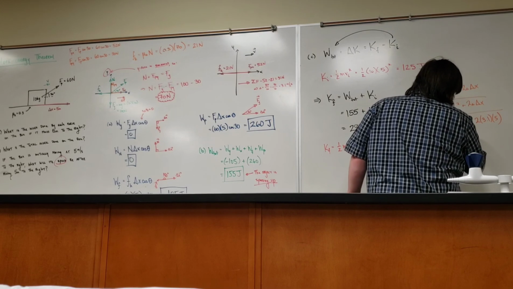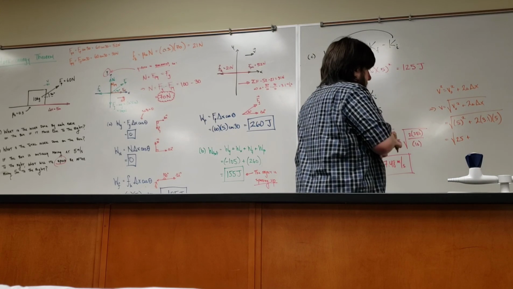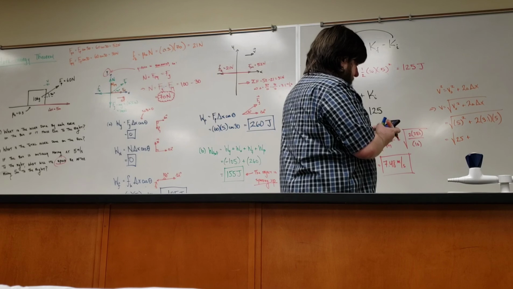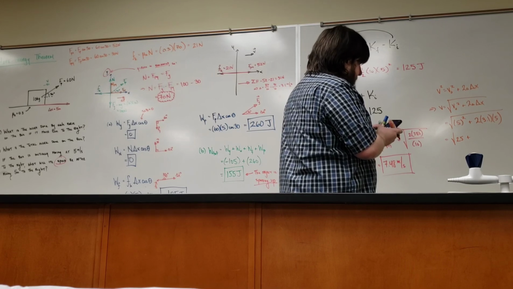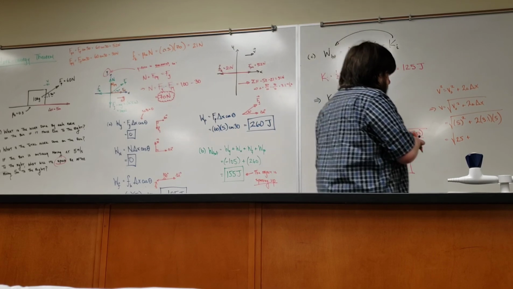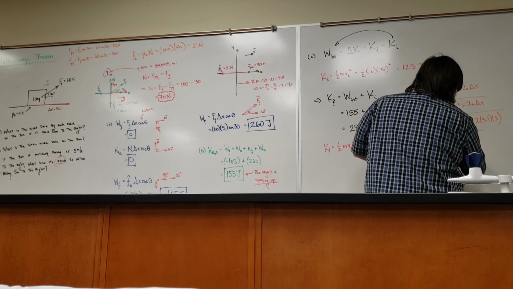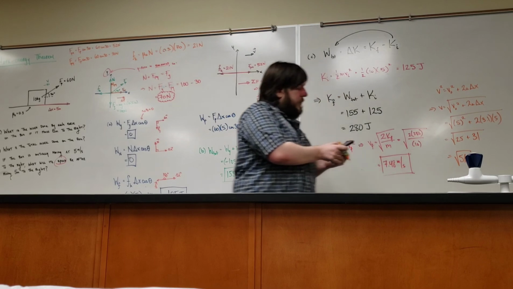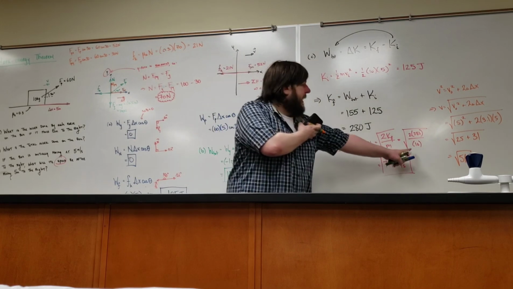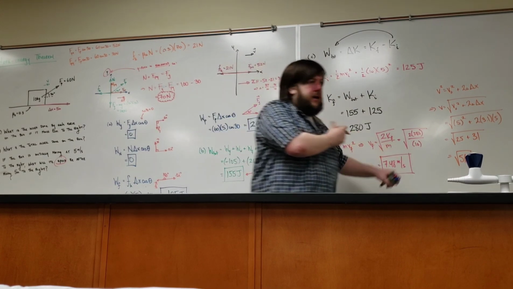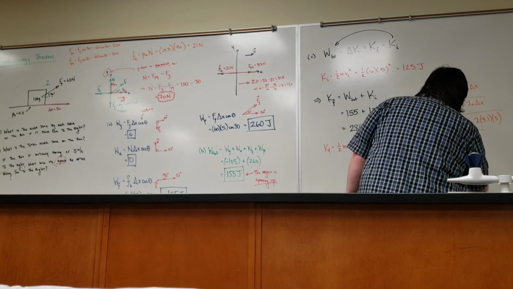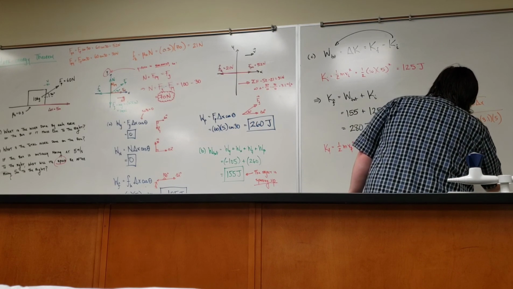This is the square root of 25 plus 3.1 times 10, that's 31. This is the square root of 56, and the square root of 56 was exactly what I got here. So we get exactly the same answer, 7.48 meters per second.